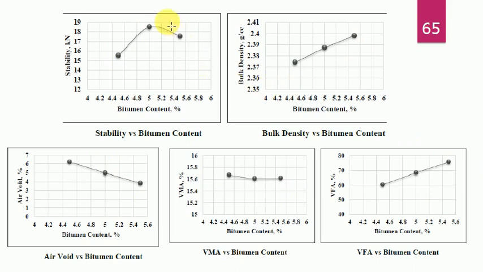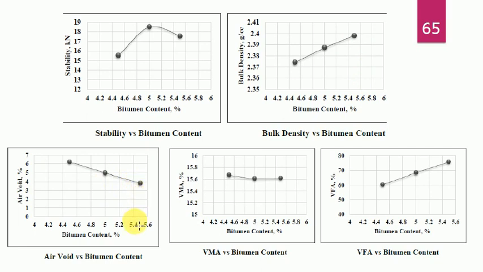So you have to pick the maximum stability. Say at 5% bitumen content I am getting my maximum stability. Then maximum density I can achieve at approximately 5.5. Then what is the bitumen content at 4% air void? At that 4% air void it is approximately 5.4.